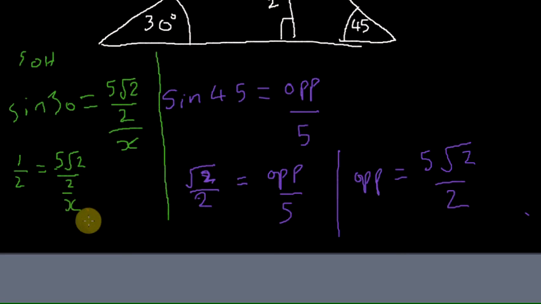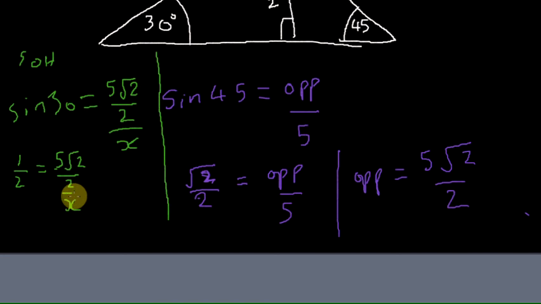So now it's just a case of rearranging. We're trying to use a little bit of algebra here, and this could get messy. So we've got that divided by this. You might consider taking the x across, but then you're left with 5 root 2 over 2 divided by a half.